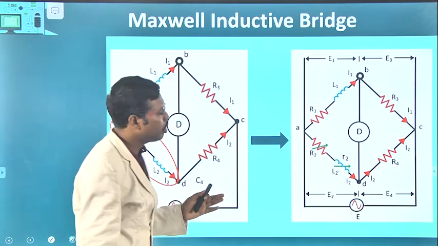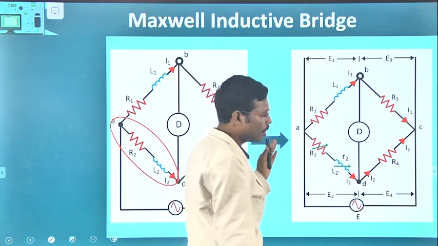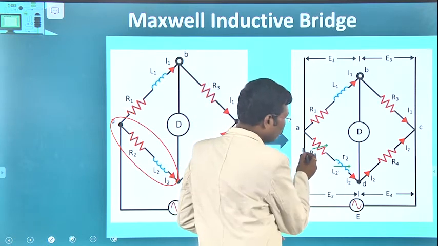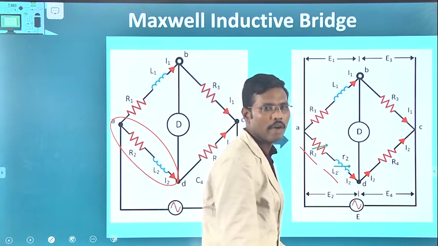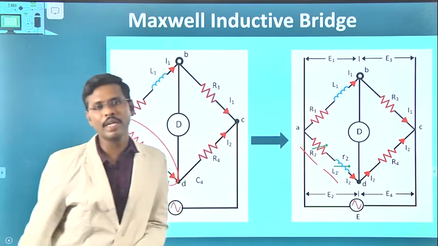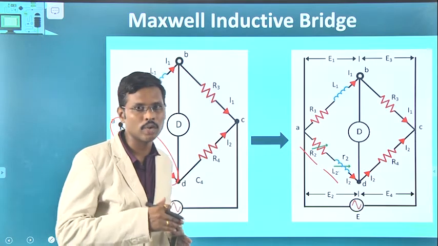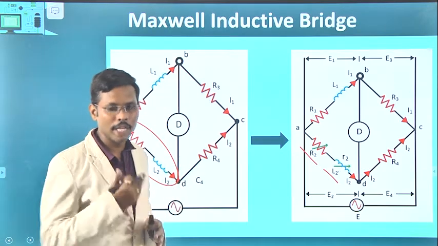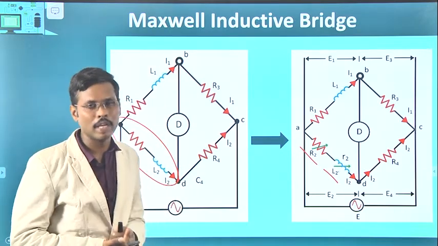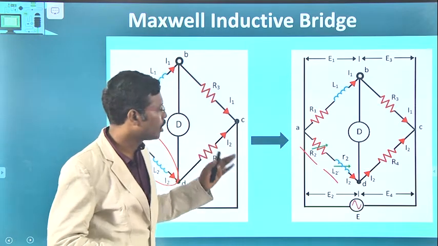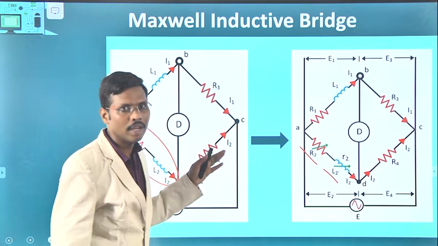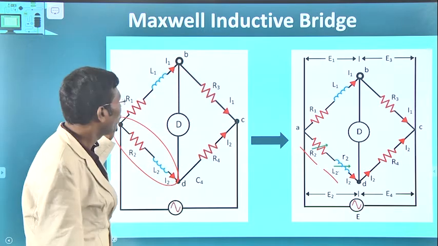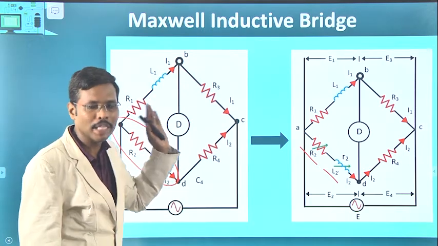But in the Maxwell inductive bridge, in the arm AD we have a variable resistor R2 and a variable inductor L2. So, the standard resistance R2 and inductor L2 are replaced by a variable resistance R2 and a variable inductor L2 in the Maxwell inductive bridge. That is the only variation between a general purpose AC bridge and a Maxwell inductive bridge.